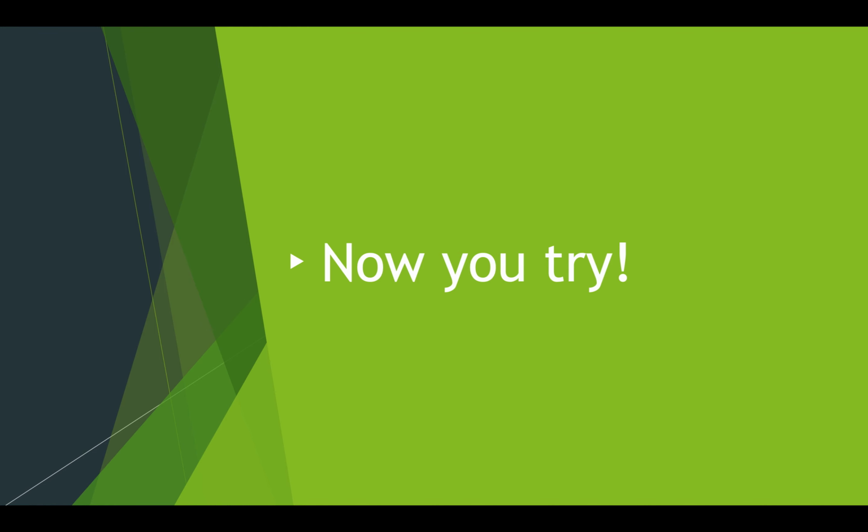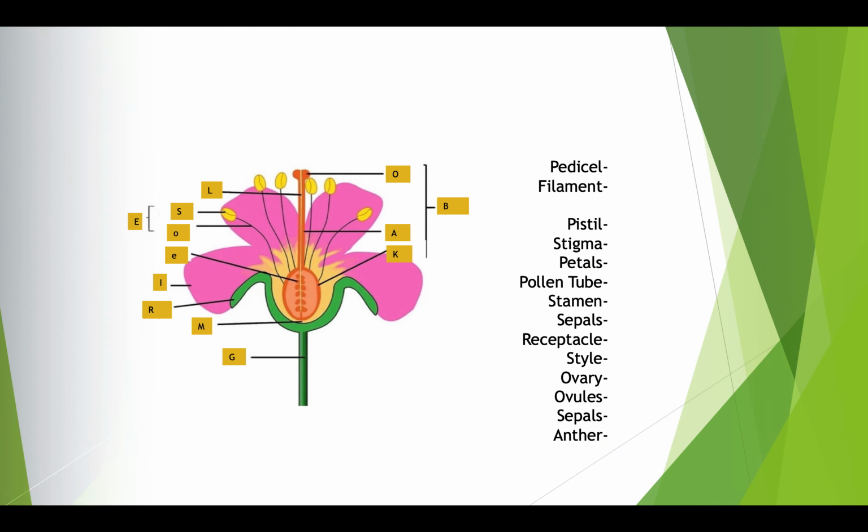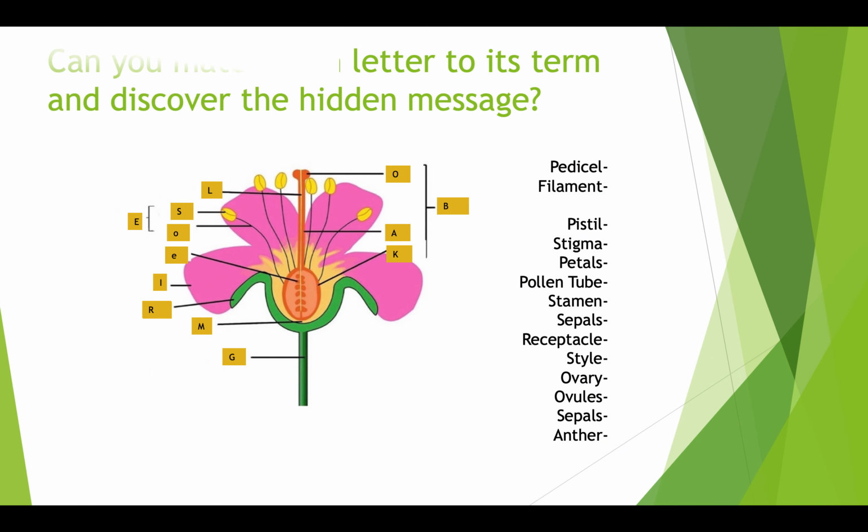Now, we have covered a lot of different portions of the flower in this lesson. Hopefully, you've been able to identify now the key components of the flower. So, now we're going to try to label this diagram of the flower. On this diagram, you can find various letters, and your job is to discover the hidden message that they make up.